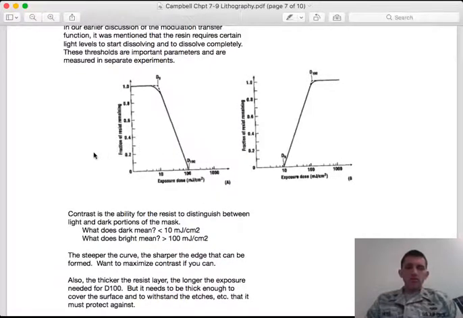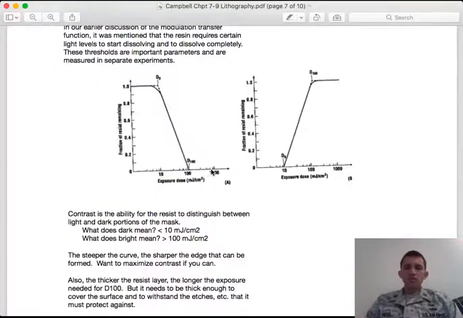And here we just have a plot of the fraction of resist remaining. This is from Campbell, both for positive and negative photoresist. So here we see this is a positive photoresist because as we increase the exposure, there is less resist remaining.